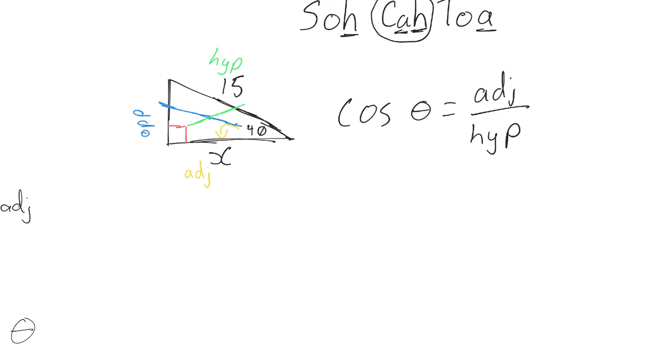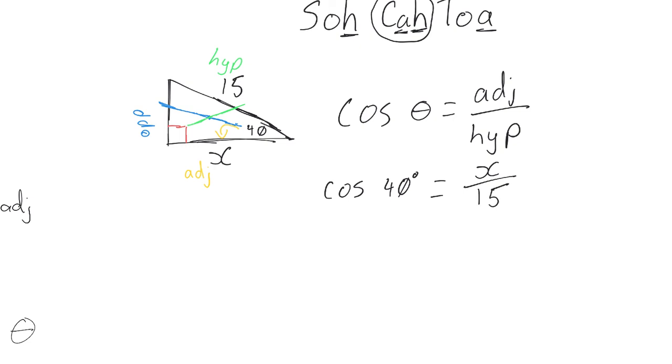Now that we have this down, our next line, we're just going to fill in the values that we have. So cosine 40 degrees will equal our adjacent being unknown, x, over our hypotenuse, which is 15.